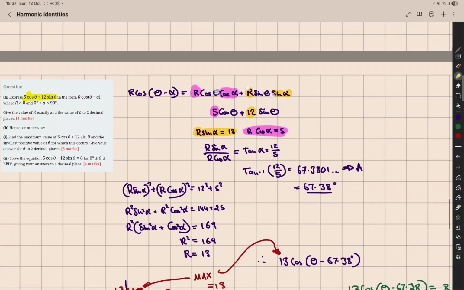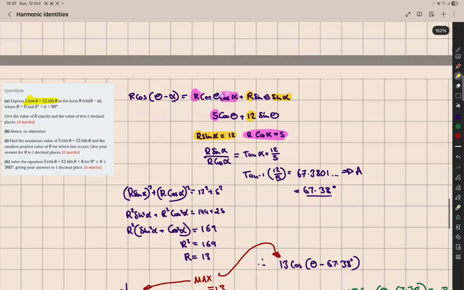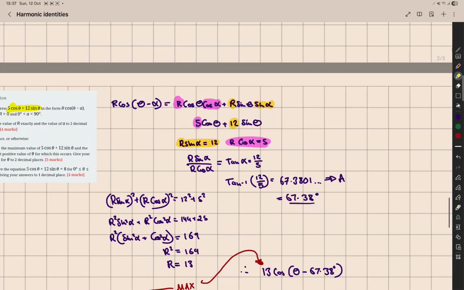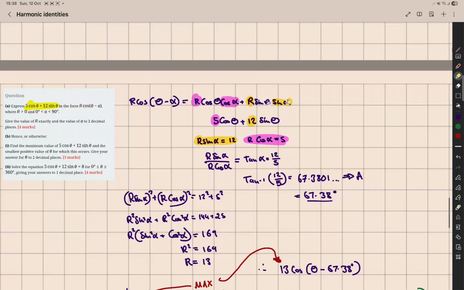When we're looking at these two, I can see it's exactly the same expression, both containing cos thetas and sine thetas, and I can see being multiplied by my cos theta is r cos alpha. So r cos alpha, which is here, must be equal to 5, and here multiplied by sine theta is r sine alpha.